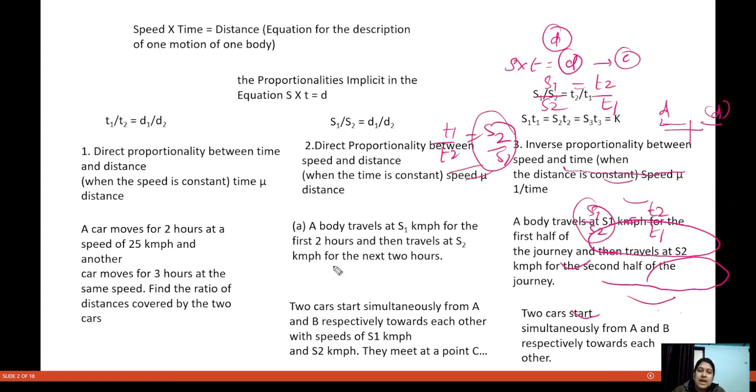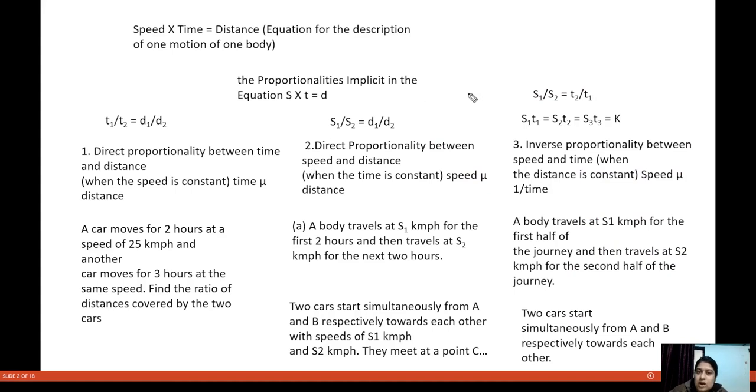Remember this thing: whenever the distance traveled is constant and you want to know the ratio of time, T1 by T2 will be equal to S2 by S1, that is, the inverse of your ratio of speed.